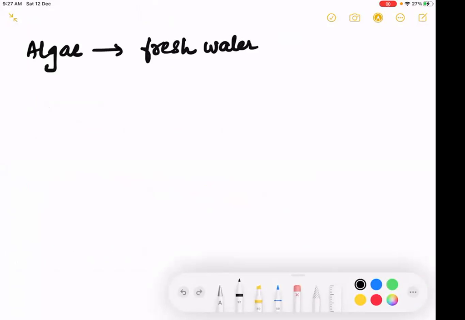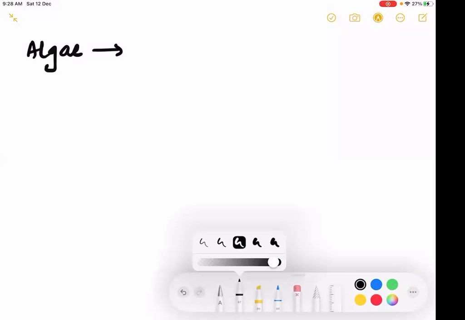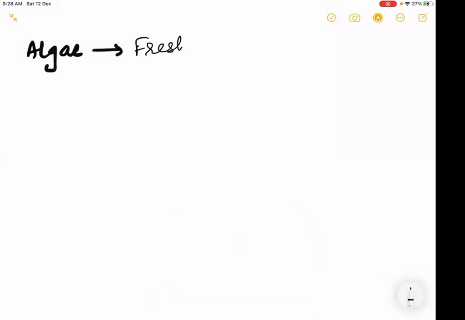They started their life in fresh water, and they were found to be mostly unicellular.